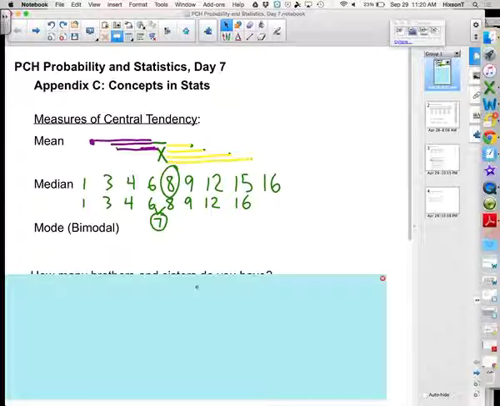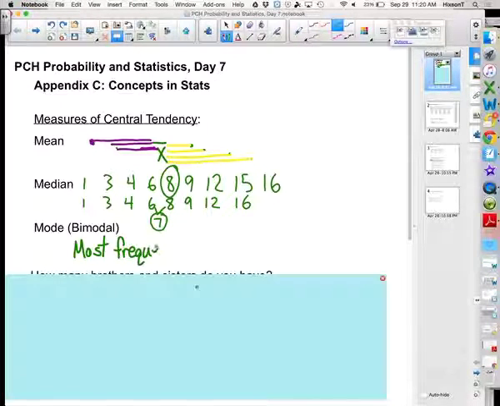Okay, which is the most popular score, or which is the most frequent score. This is the most frequently occurring score.